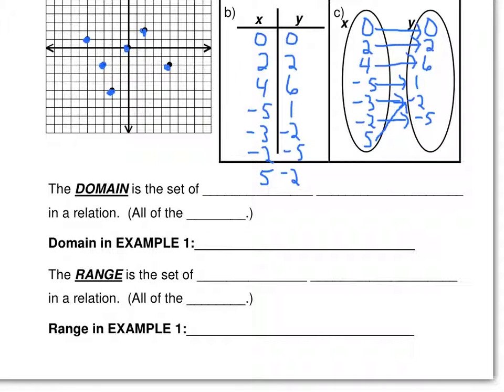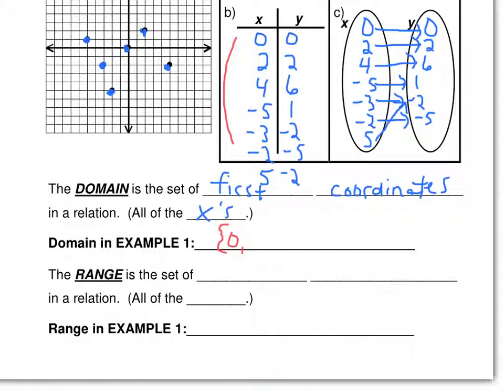Okay, and now we have some more words that we want to write down. The domain is the set of all the first coordinates, or all of your x's. So the domain is the set of all the first coordinates. In other words, all of your x's. That is the domain. The domain in example 1, you would just list all of those, and we usually do that little swirly thing, and we're just going to list them.